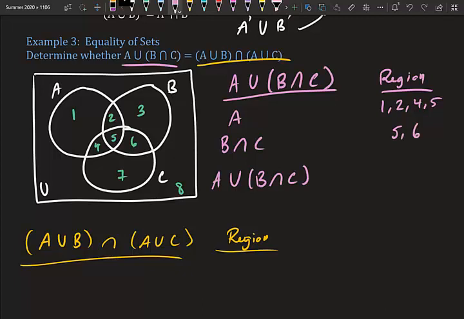Now we need to union these. So we need to put all of our numbers together of the regions we already have. So 1, 2, 4, 5, 6. So this is what we're going to compare at the end.